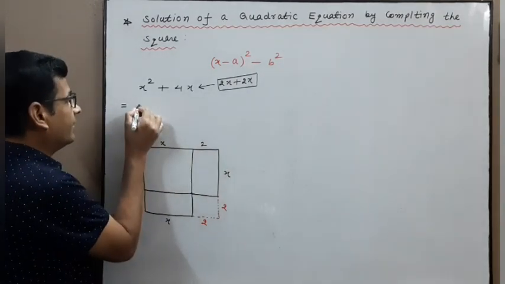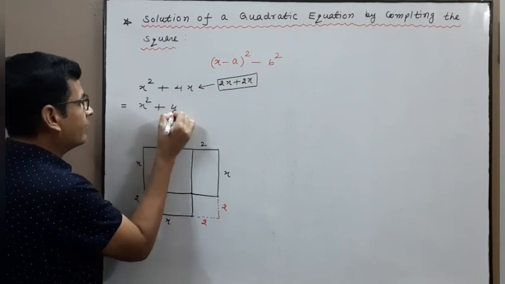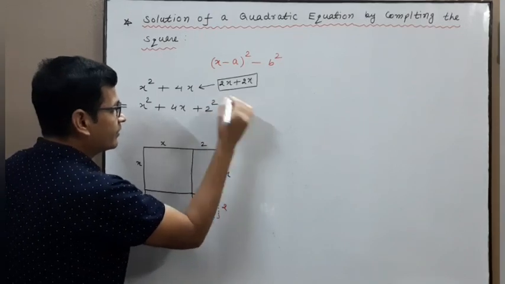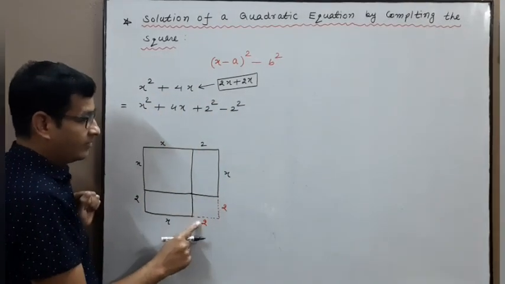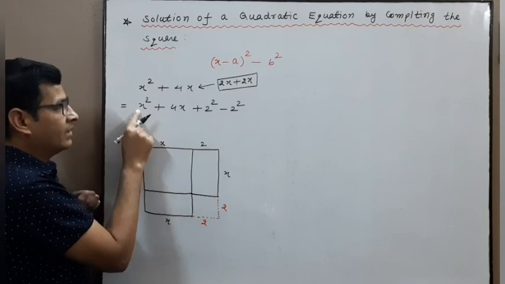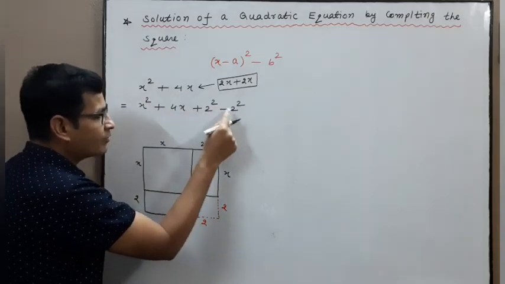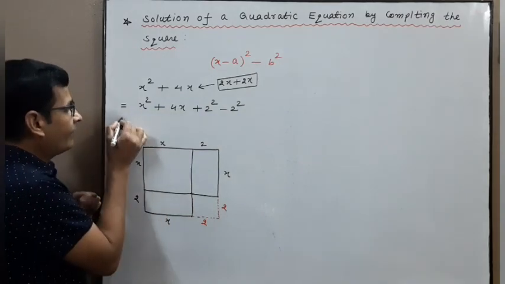Now see, x square plus 4x. So add 2 square and subtract 2 square. Why subtract? Because if we add 2 square, then we have to subtract 2 square.